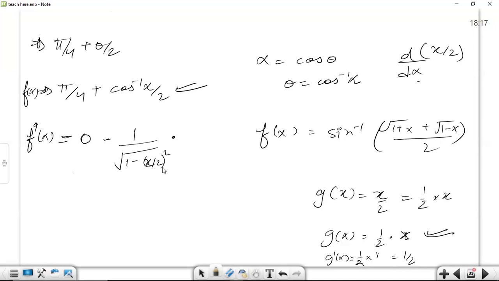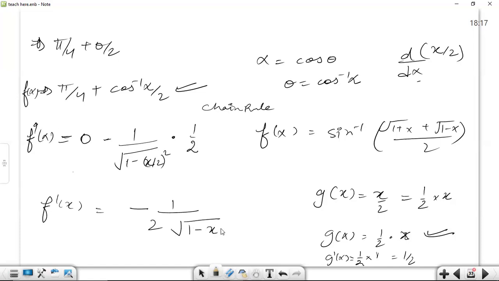So here the differentiation of x by 2 will get multiplied using the chain rule. And please watch earlier lectures. If you have missed those in the live class, you can watch them in the playlist and on YouTube. Further solving this question, 1 by 2, 1 minus x square by 4.